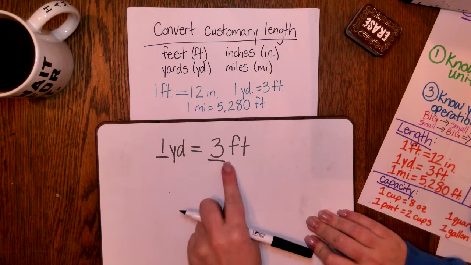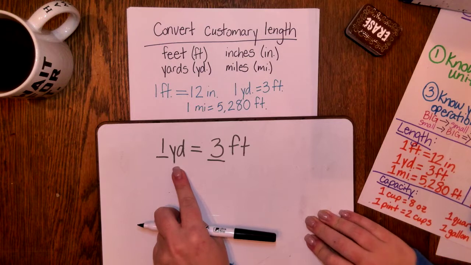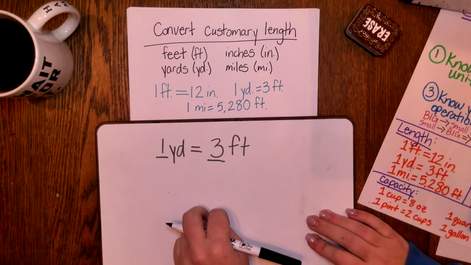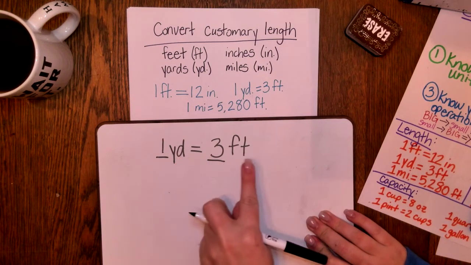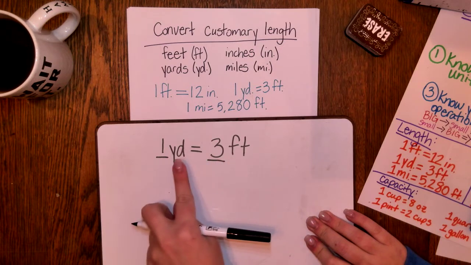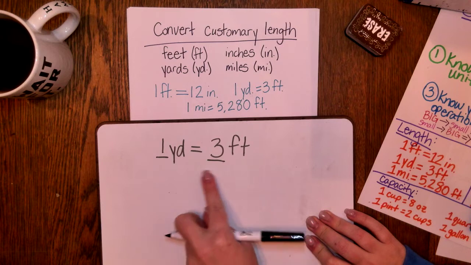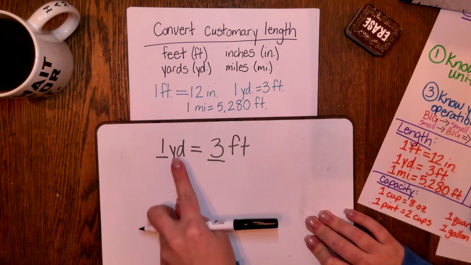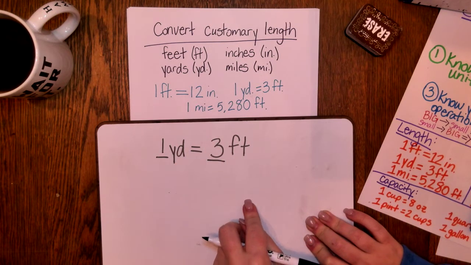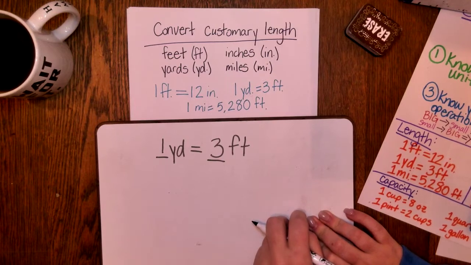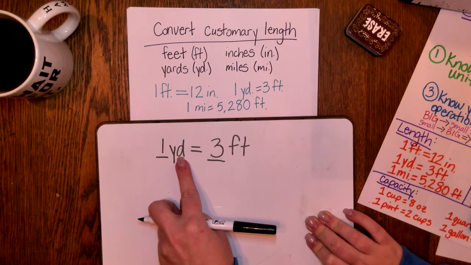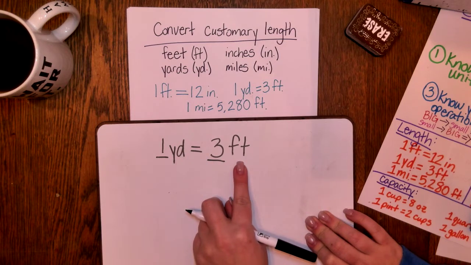Which unit is bigger? Remember, that's our second step. Are we going from big to small or small to big? Well, if 3 feet can fit inside 1 yard, a yard has to be bigger. So our units are going from big to small.